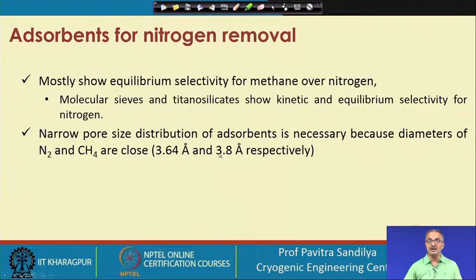That is why the pore sizes of the adsorbent have to be very, very carefully made, so that we can differentiate between these two types of molecules which have very close diameters. So that is why in this case kinetic and equilibrium selectivity is preferred rather than steric selectivity.